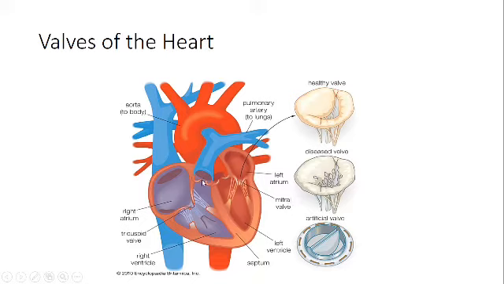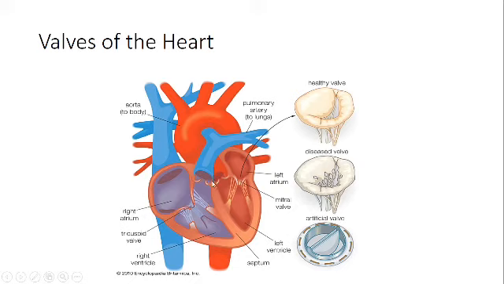Now when we come to the aorta here, this is the pulmonary artery and this is the aorta. The aorta is here and the pulmonary artery is here. At the pulmonary artery here and the aorta here, there are cusps that form the valve. These cusps are semilunar in shape.